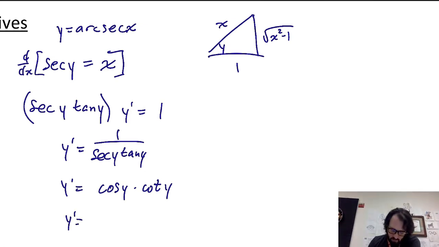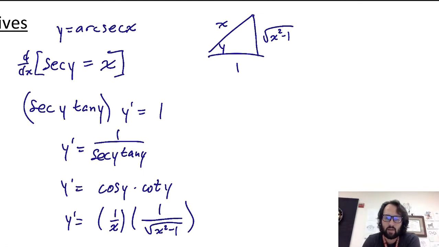So cosine is adjacent over hypotenuse, so that's 1 over x. And cotangent of y is adjacent over opposite, which is 1 over the square root of x squared minus 1. Now there's a little caveat to this one. The issue here is that my hypotenuse can never be a negative number.